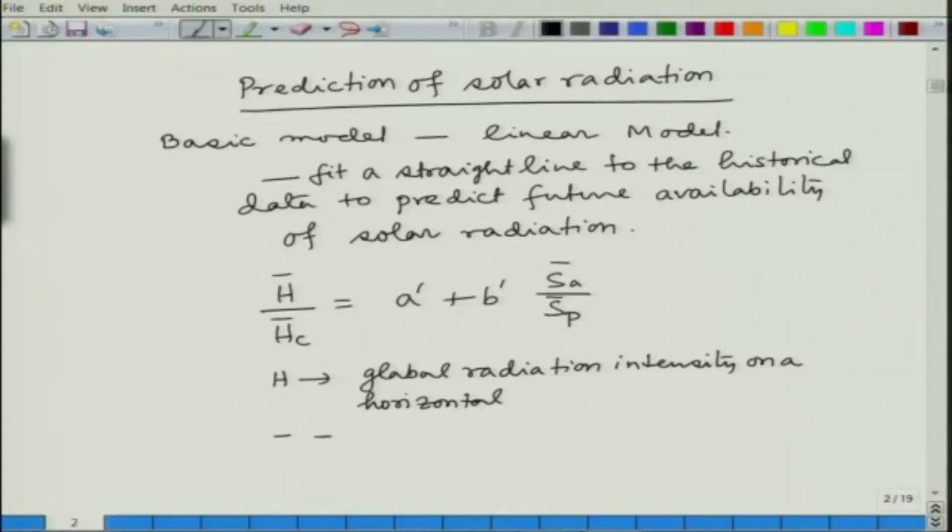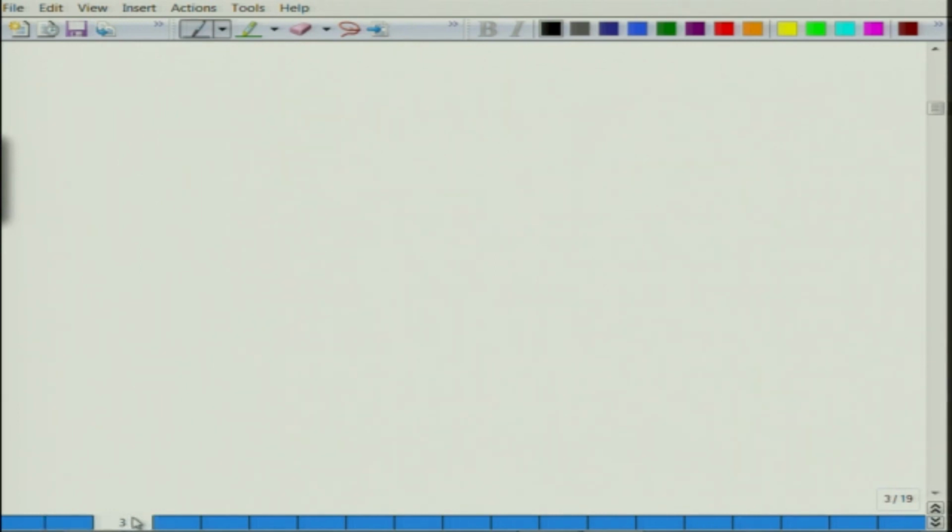And whenever you see a bar on top, that means it is an average, and this particular average is most often done monthly. Over a period of a month, we average the radiation values. Now let me go to the next page and explain what we mean by this SA bar.